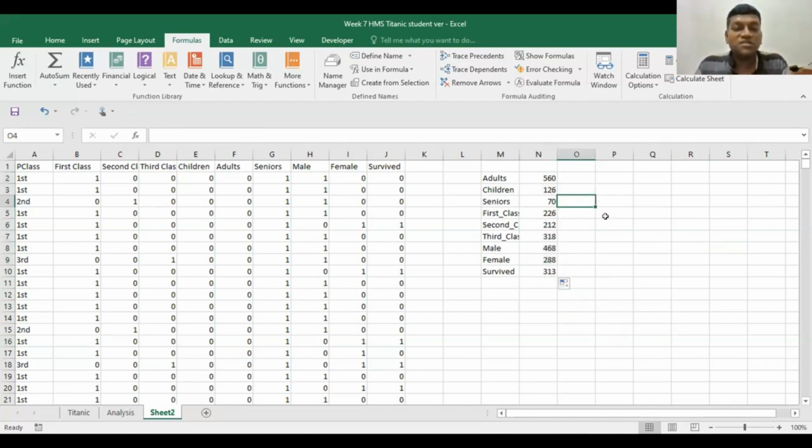Now I need to see what is the total number of passengers. Okay, total passengers. Let's see how many are there. So let me remove the formula.